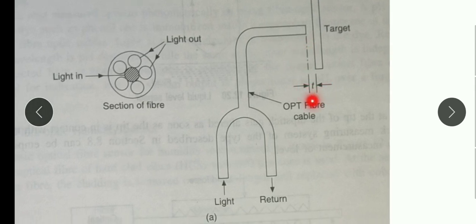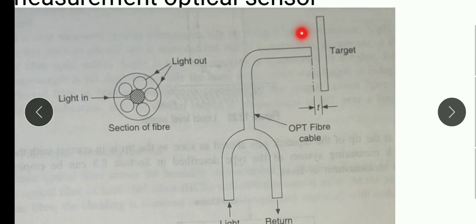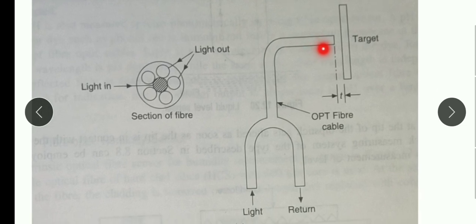From here we are sending light into the fiber cable, and here we are receiving the light back. So the intensity of the reflected light depends upon the distance between the target and my cable.